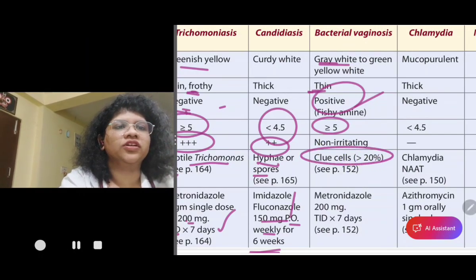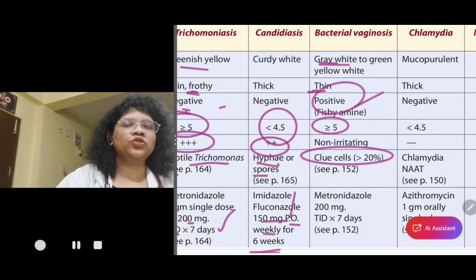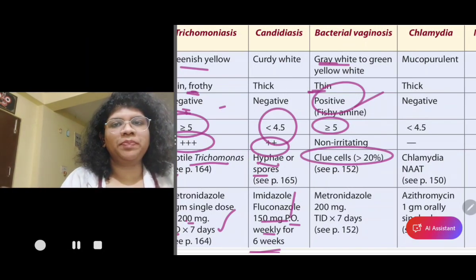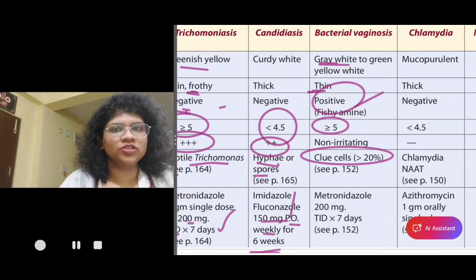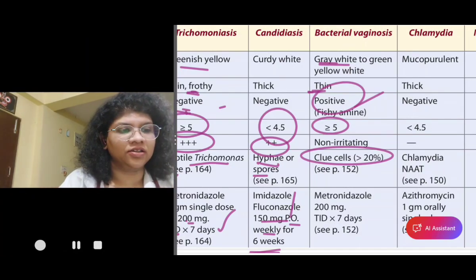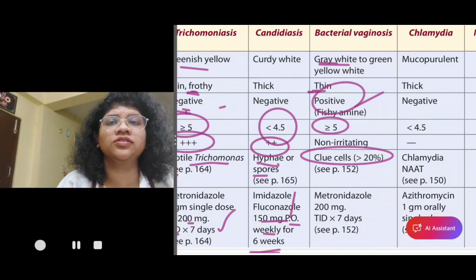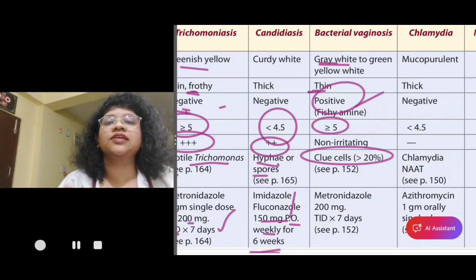This is important. Now what are clue cells? So what you do is you prepare a smear of the vaginal discharge, and you add a few drops of normal saline on a glass slide and observe it under the microscope. You will see that the vaginal epithelial cells are studded with a huge amount of bacteria. Okay, these are nothing but cocobacilli, and they are so heavily stippled sometimes that even the cell borders of the vaginal epithelial cells are obscured.